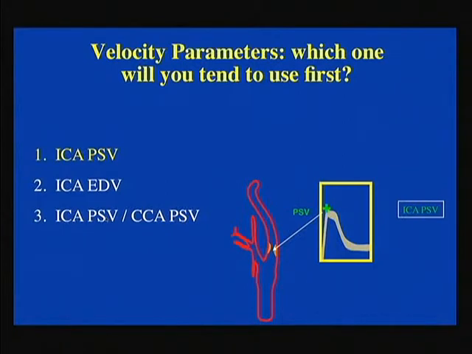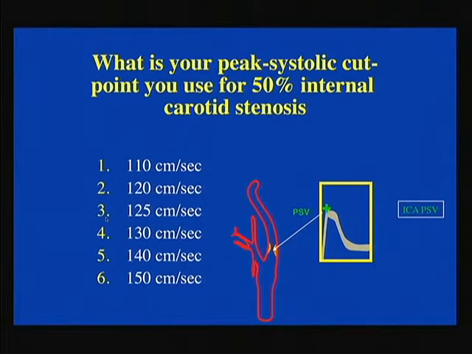Now, the next step of the interpretation is obviously to ask the question, at what level? If you look at the literature over the years, this peak systolic velocity ratio that corresponds to a 50% diameter stenosis has varied anywhere between 110 to 150. The current value, just to confirm, should be 125. There are some people more currently that are debating whether 150 should not be used because it reflects more the current level of stenosis.